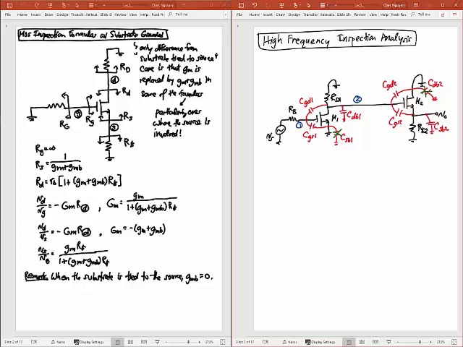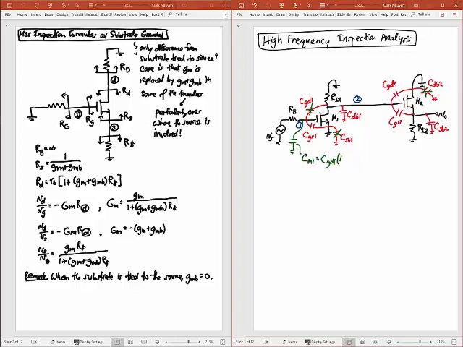And so the first thing I'm going to do is get rid of this CGD1 and turn that into two Miller capacitors. And so my first Miller capacitor, CM1 I'll call, that's going to be equal to that capacitance value, CGD1, times 1 minus the gain of that first circuit. But the gain of that first circuit is what? We determined that last time.